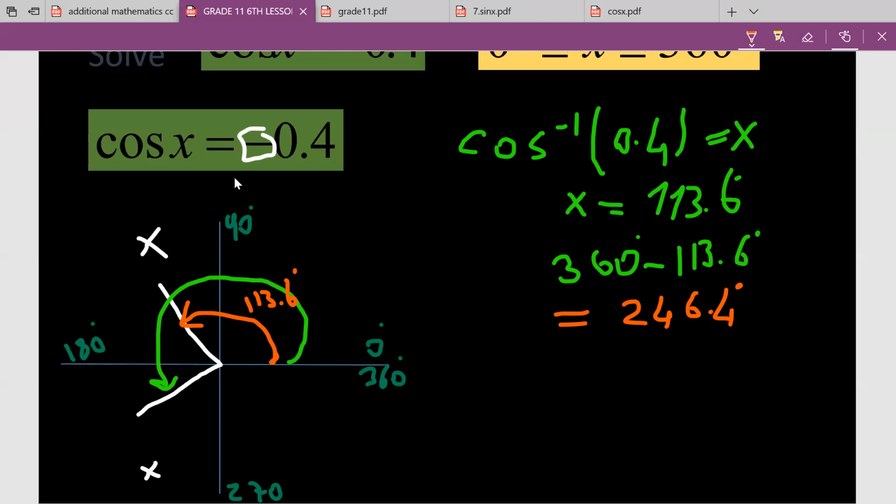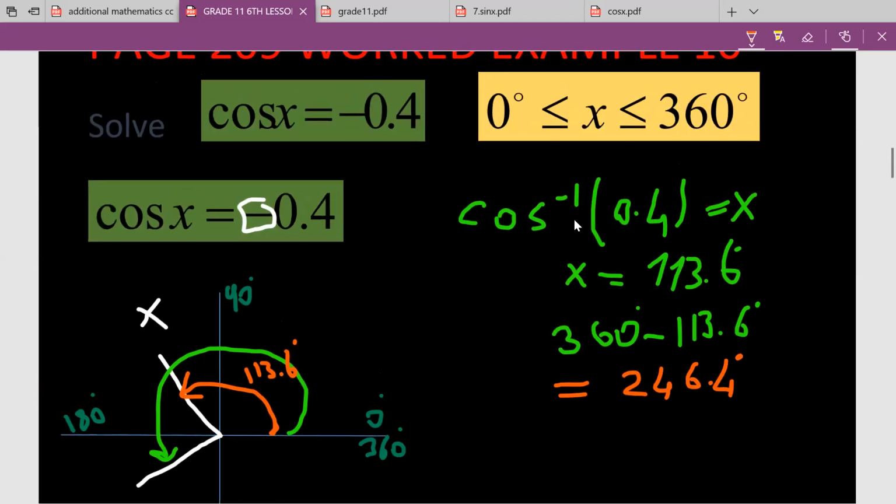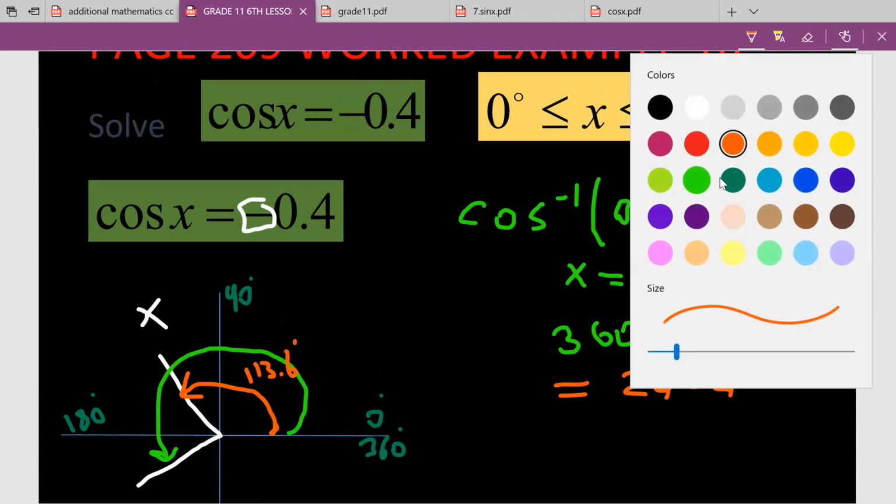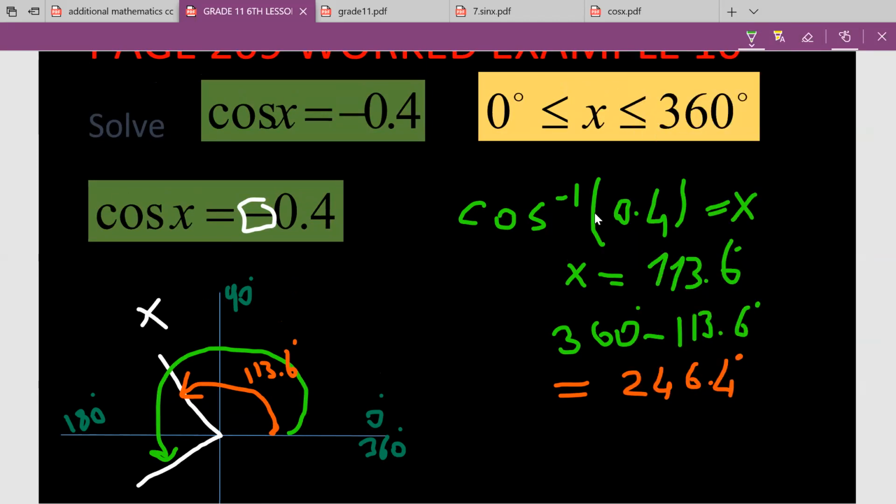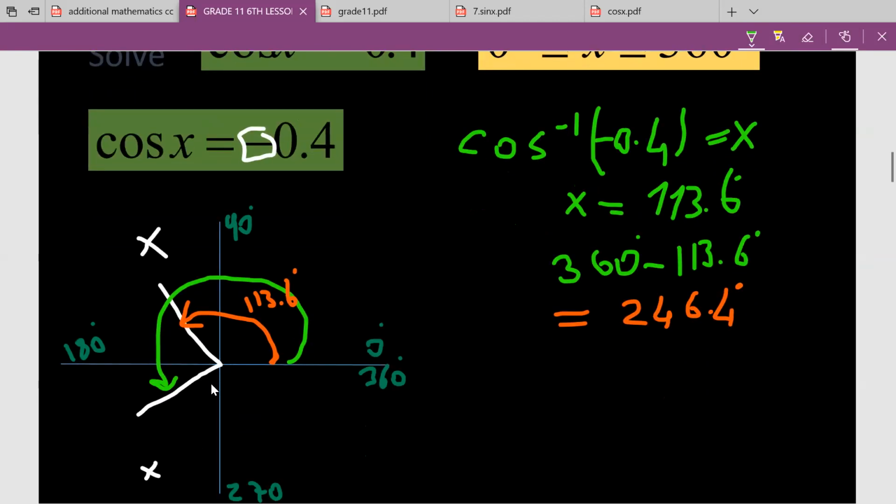To find the first one, use the calculator, inverse cosine of negative 0.4, and the x value will be equal to 113.6 degrees. To find the second solution, I will subtract from 360 degrees because I'm trying to find it in the third quadrant.